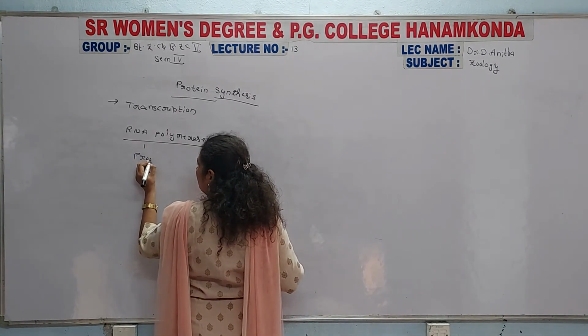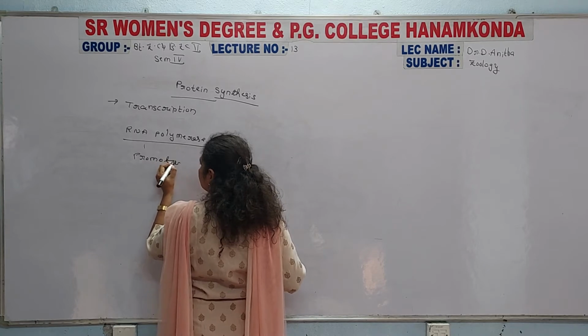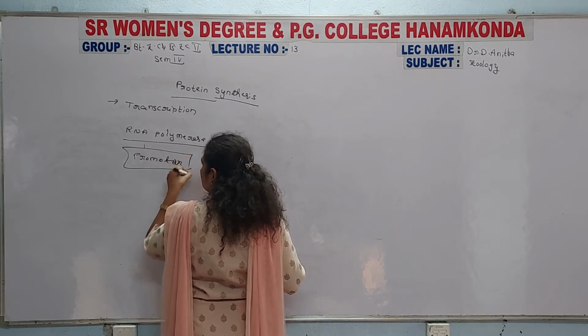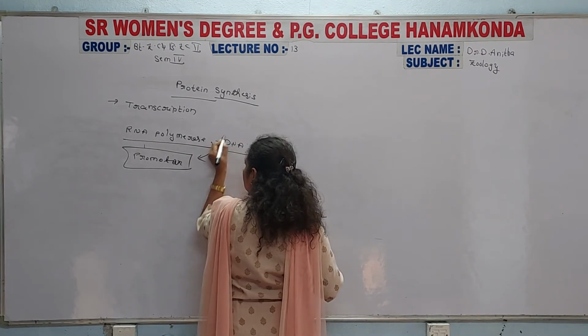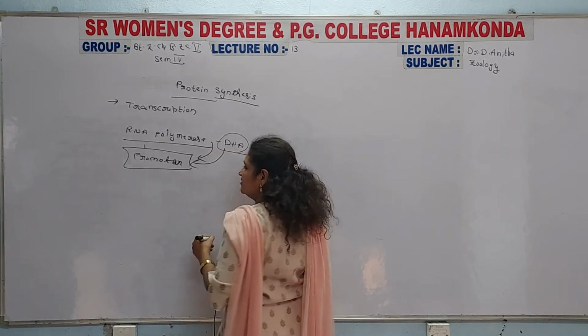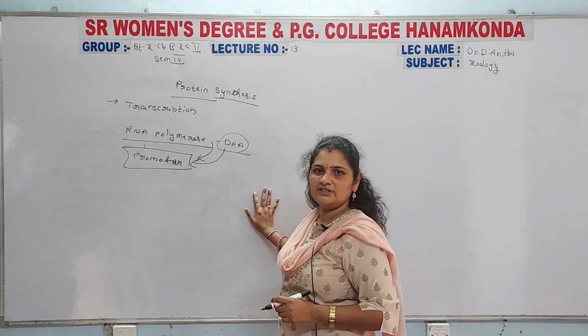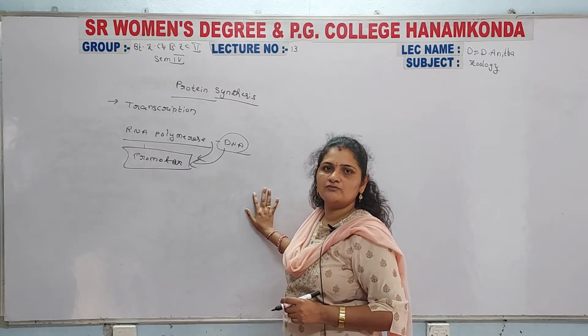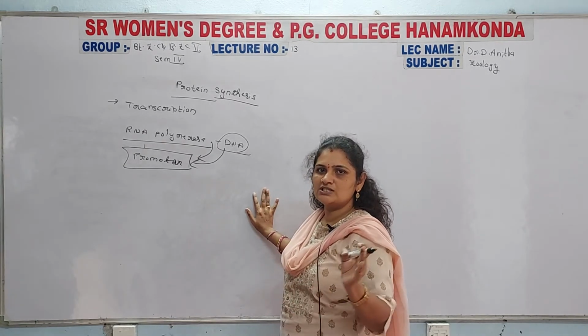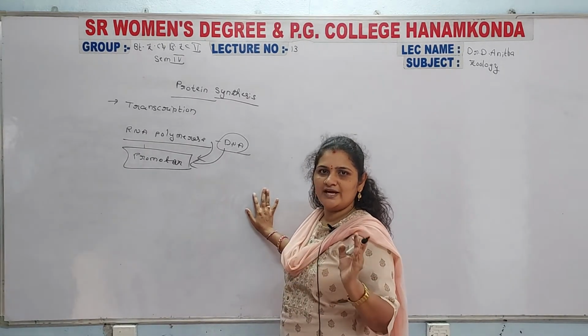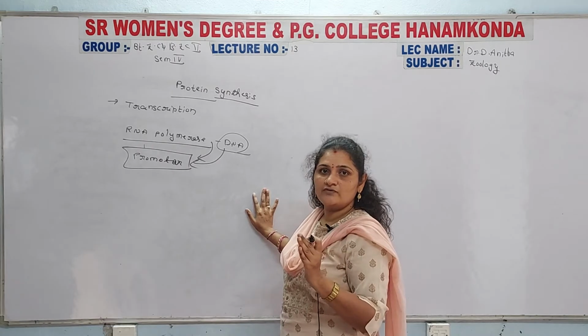So that is the promoter. Once the promoter is formed, the RNA polymerase moves in the forward direction for the synthesis of mRNA.